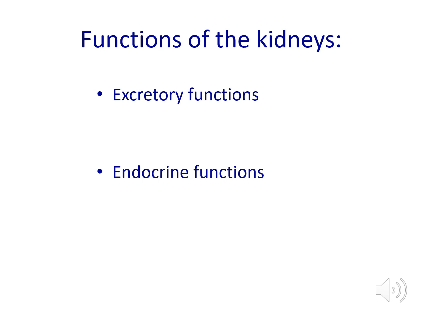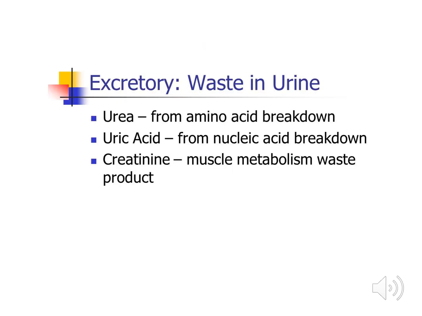So, when we're talking about things that the kidney gets rid of, what kinds of things are we talking about? Well, of course, we're talking about getting rid of the metabolic wastes, right? So, what are these metabolic wastes? Well, we've got urea, which is the waste product you get when you break down protein. And then there's uric acid, which is the waste product you get when you digest usually meats, because uric acid is what you get when you break down nucleic acids, and nucleic acids are found in the cells of the animal that you eat.